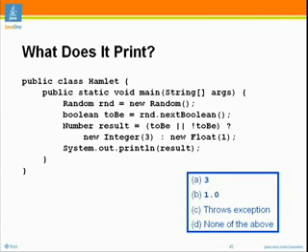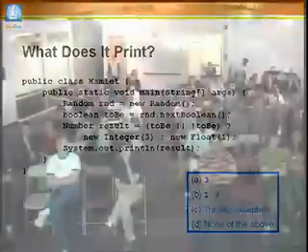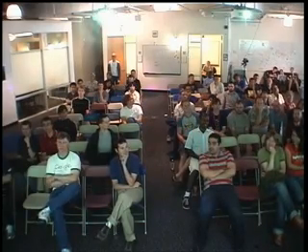All right, I think we're ready to poll the audience. So how many people think that this program prints 3? Raise your hands. All right. How many people think that this program prints 1.0? No takers on that one. How many people think that it throws an exception?